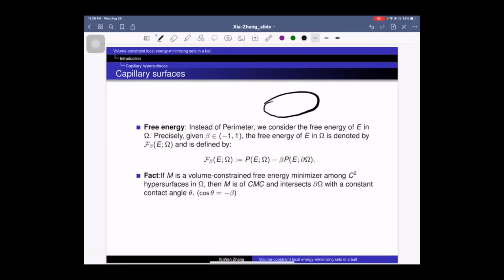Say this is Omega, and this is E, and this is M. Now, in addition, we consider this part. We call it B plus.